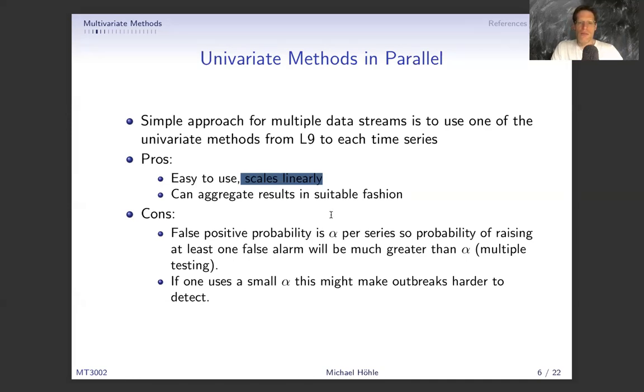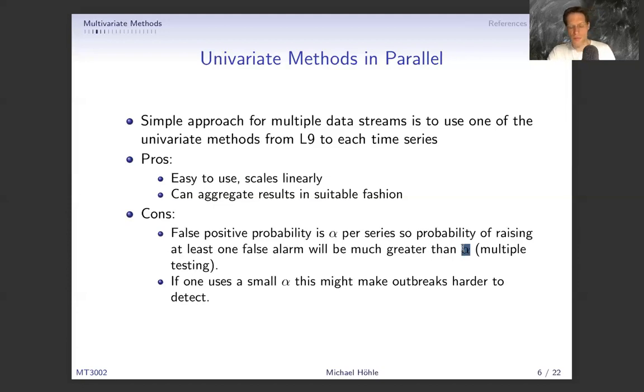So to get at least one alarm, if that's your rule, to flag the entire time slot for an alarm, then of course that probability will be way higher than alpha, because you have, let's say, 10 time series you're looking at jointly. Then of course the false error probability is higher than for one.